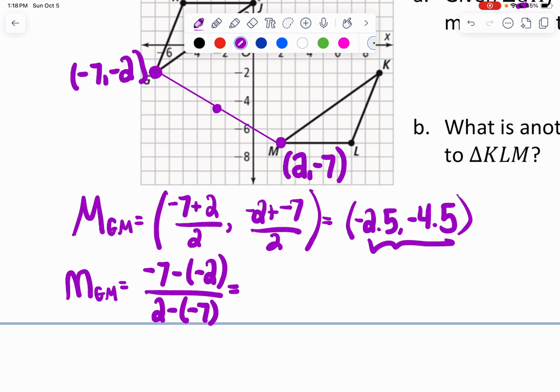And so I would get negative 5 on top, and then on the bottom it would be 9. So then that's the slope. When you need to figure out the slope that's perpendicular, it means I switch it and then negate it. So it would be, what is it? 9 over 5.